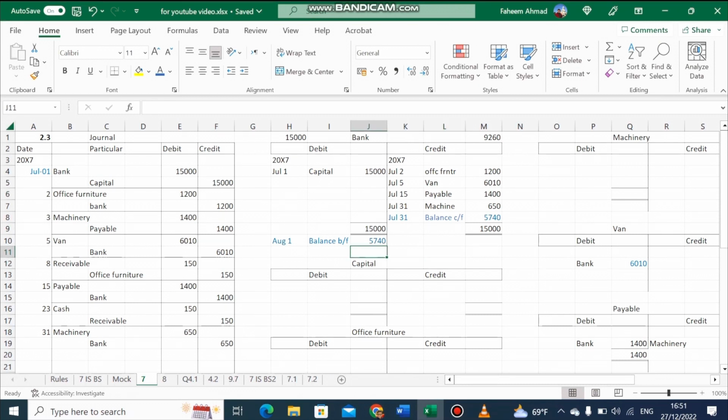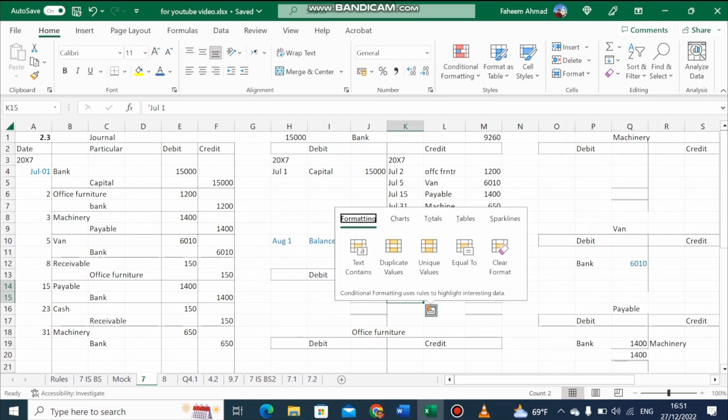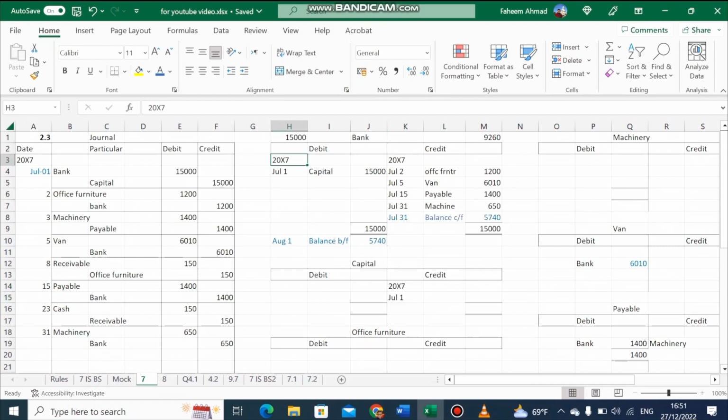Next, we have capital account. So in capital, I can see there is only one entry, capital credit 15,000.